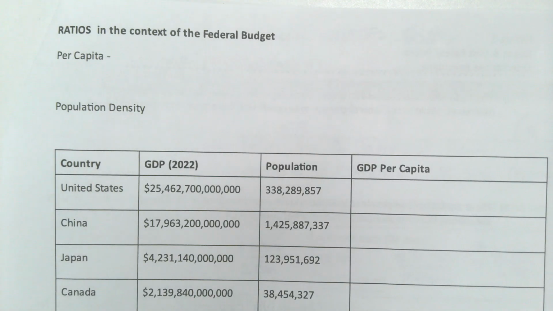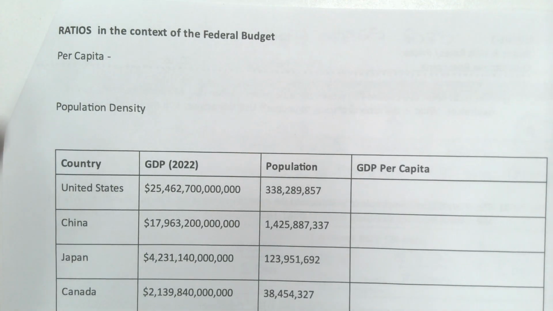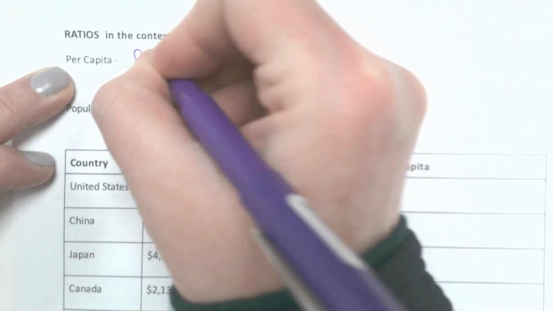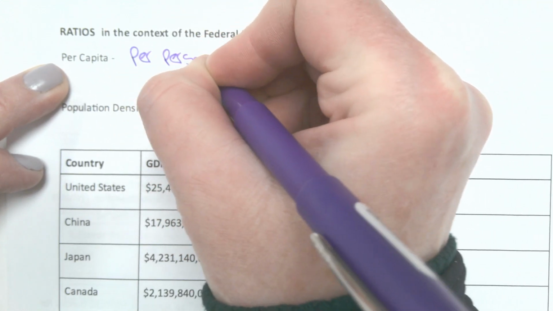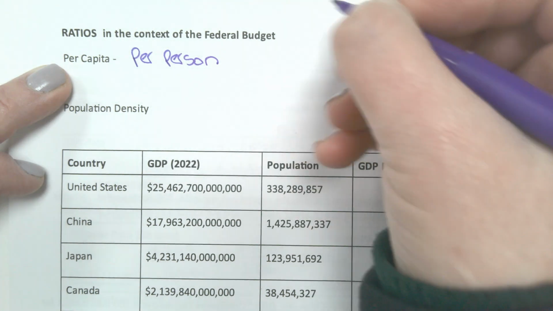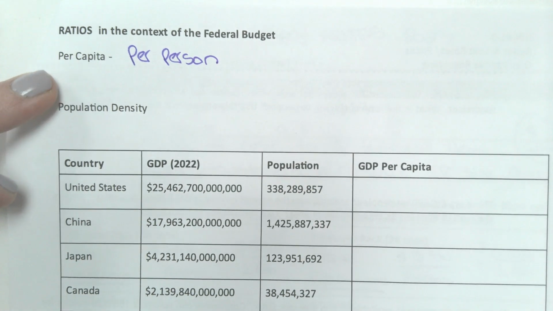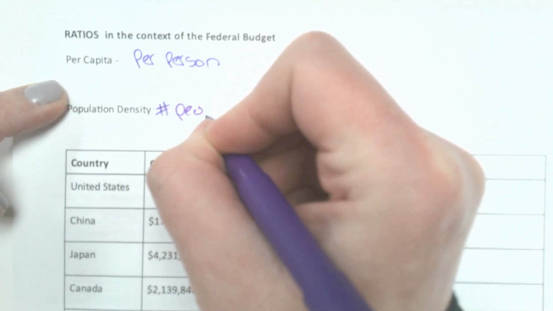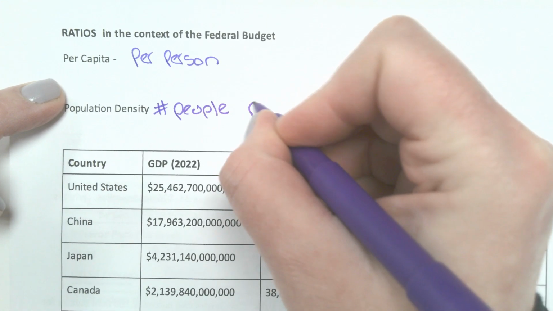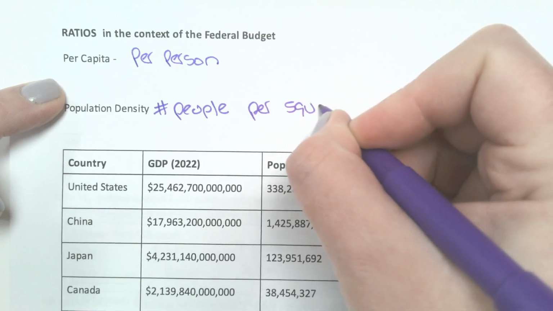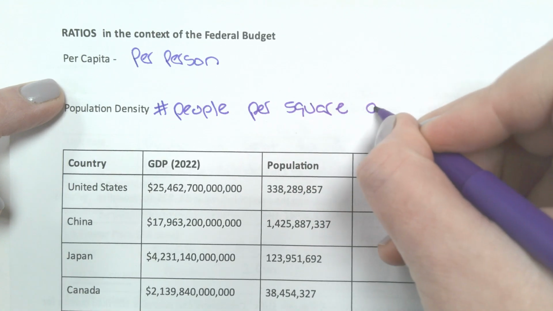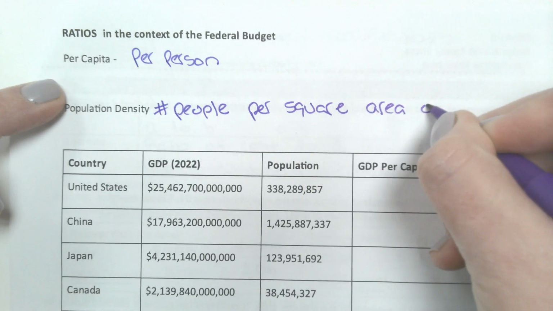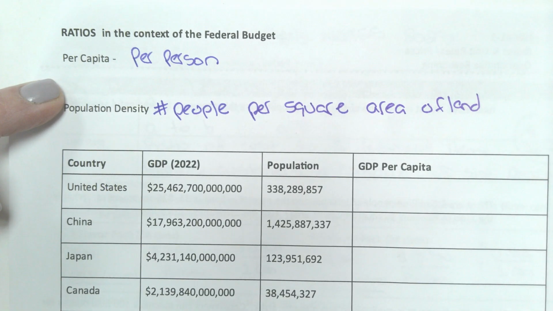All right, we're going to finish this up. So per capita means per person. This is usually a per person rate. The population density is the number of people per square area of land.